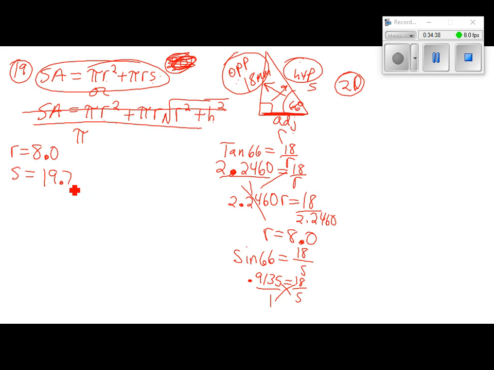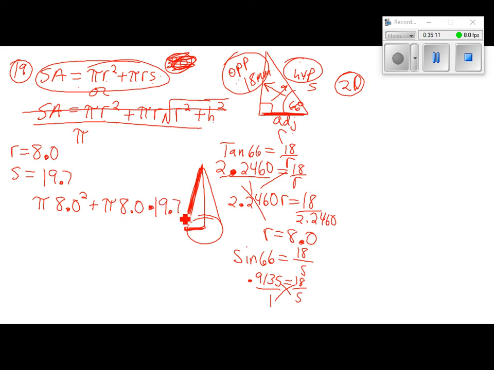So if you have your cone, that's our cone. The slant height is going right up through here. This coming right down the middle, that's just your regular height, and then that right there is your radius. So if I plug into this formula right here, I end up with pi times radius squared, which is 8.0 squared, plus pi times radius, which is 8.0, times the slant height, which is 19.7.